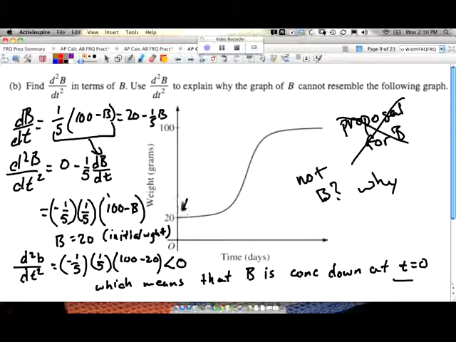Which is not true here. Check this out, this is concave up. It's almost like these should be flipped, if anything. In fact, there are a lot of other things you could use to disprove it, but the concavity is what I'm looking at. So cool, that was easy to prove, easier than I've done it before.